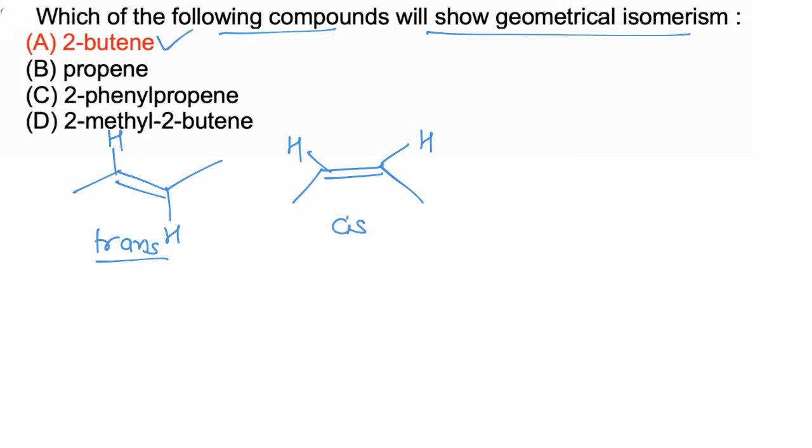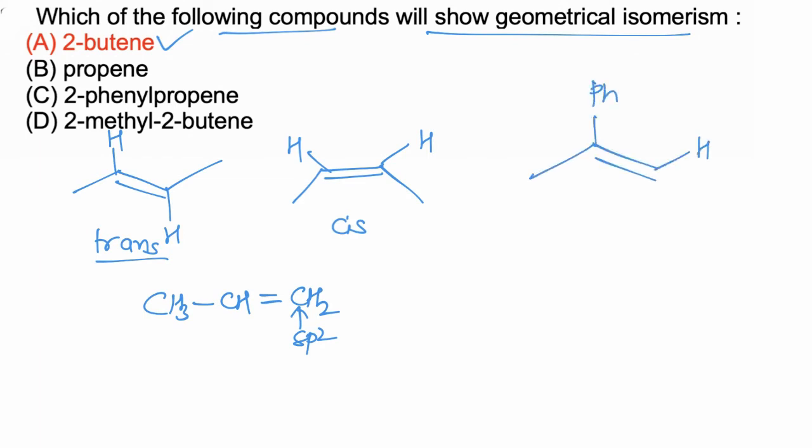Now if we draw a structure of propene molecule, now propene molecule will not show GI because on this sp2 hybridized carbon these two atoms are identical. Now if we consider 2-phenyl-propene, this molecule will not show GI because these two atoms are identical on sp2 hybridized carbon.